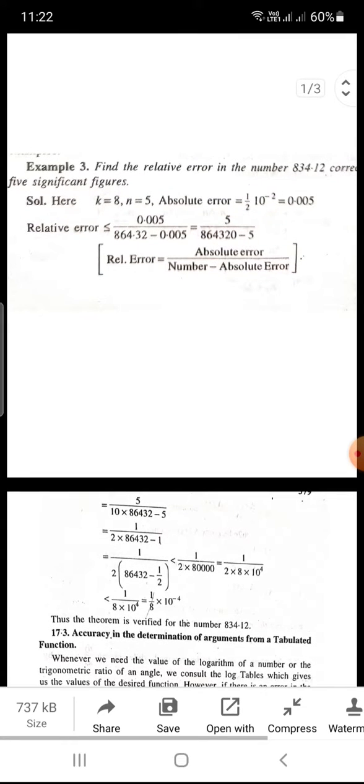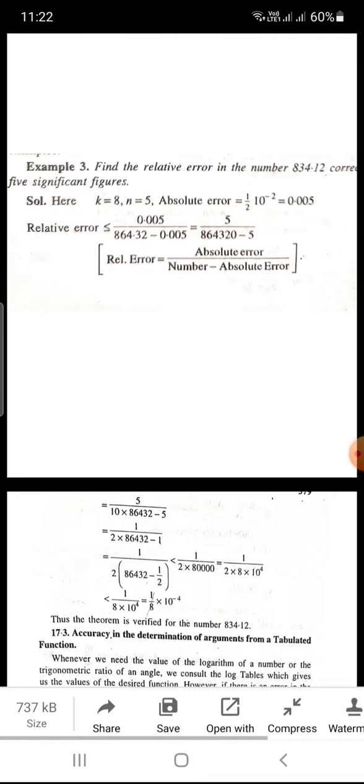So relative error should be less than or equal to 0.005 upon 864.32, because number is 864.32 minus 0.005. So this will be equal to 5 upon 864320 minus 5, because we know that relative error is equal to absolute error upon number minus absolute error.